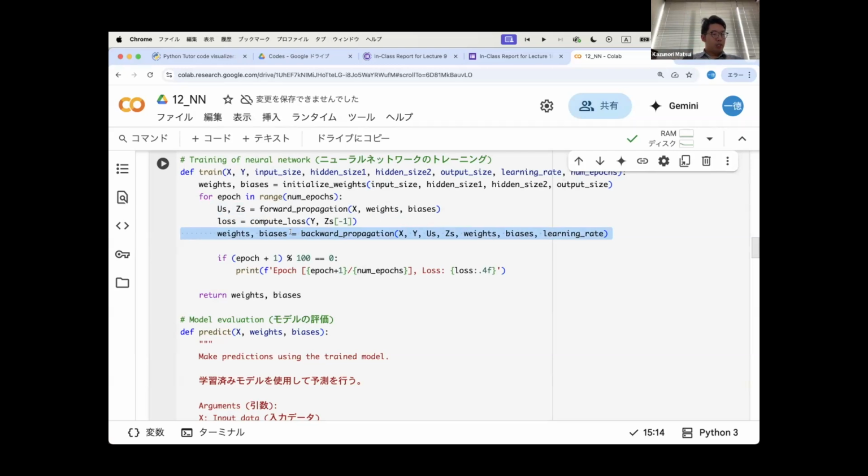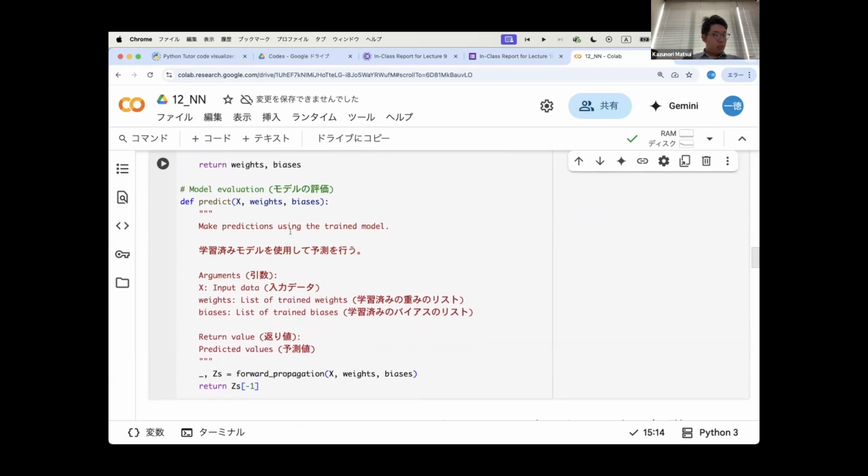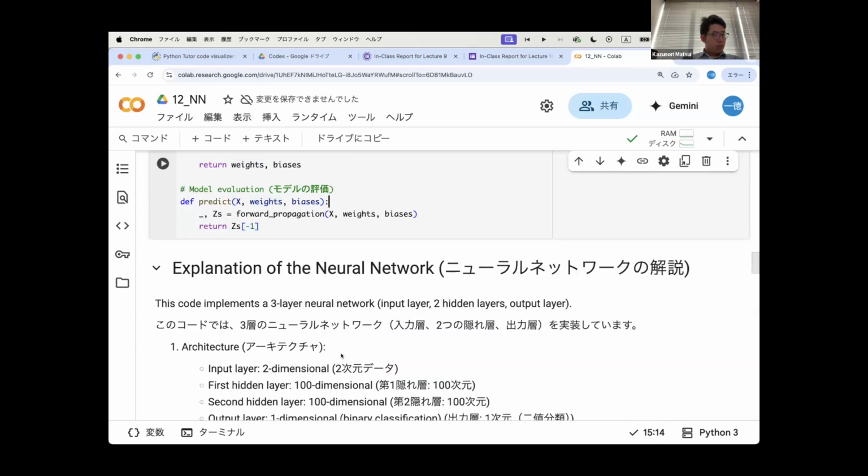Then we repeat this calculation. When predicting what the actual value will be with the model, we can simply calculate the value by doing forward propagation. So this is the prediction part.